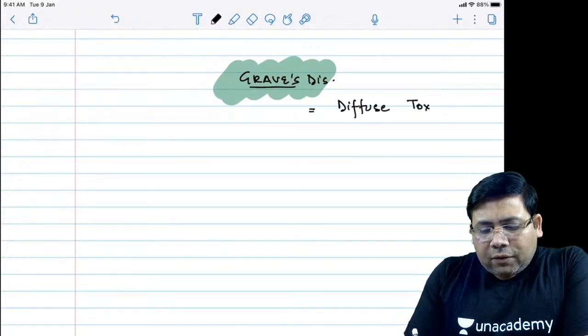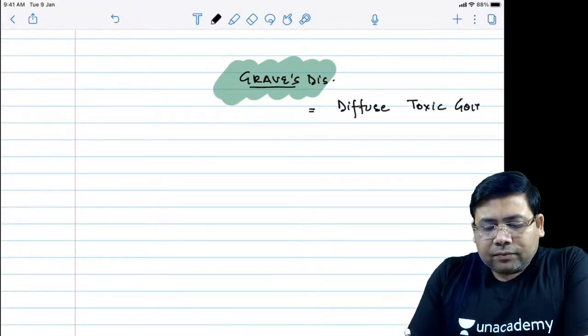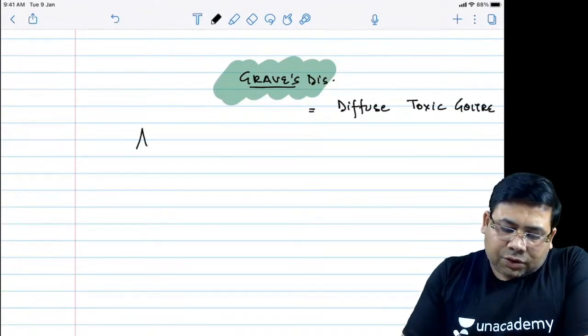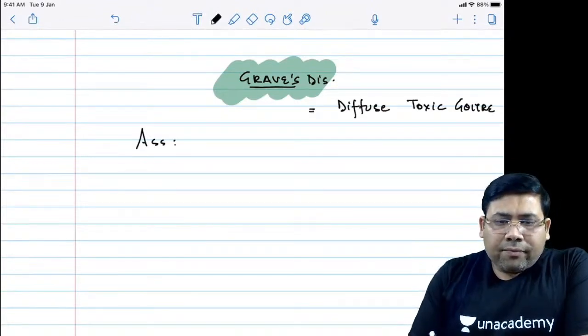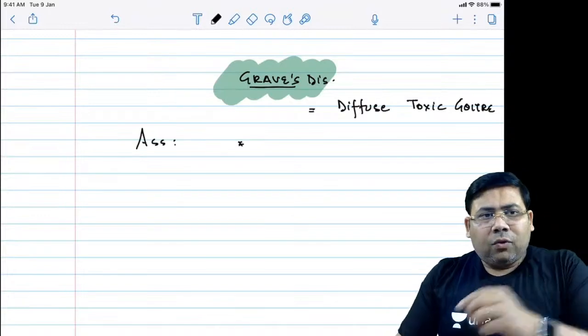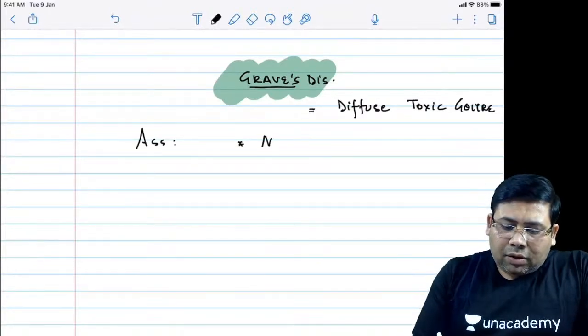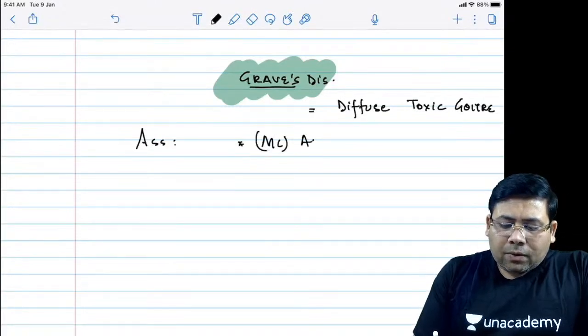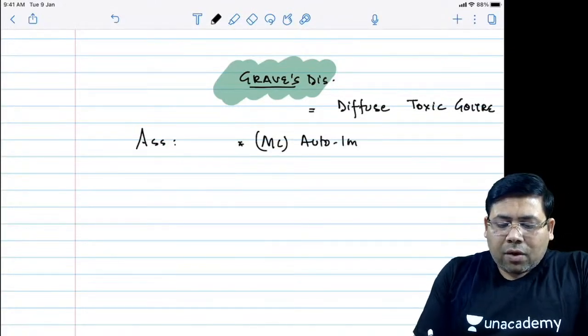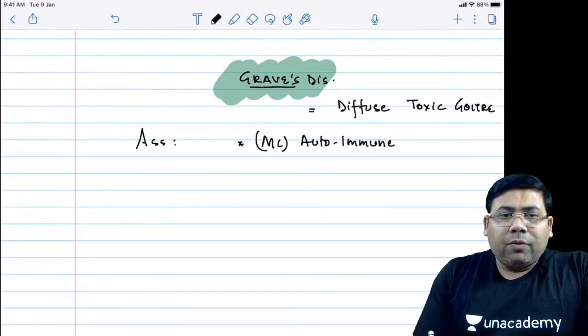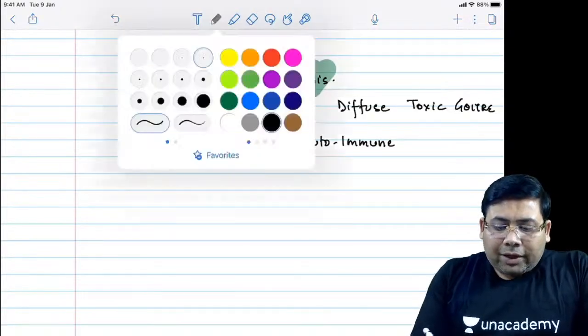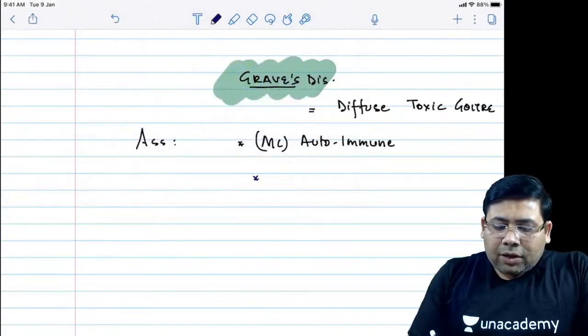Now, what is the association or the risk? The most common is autoimmune. The next is they may be idiopathic.